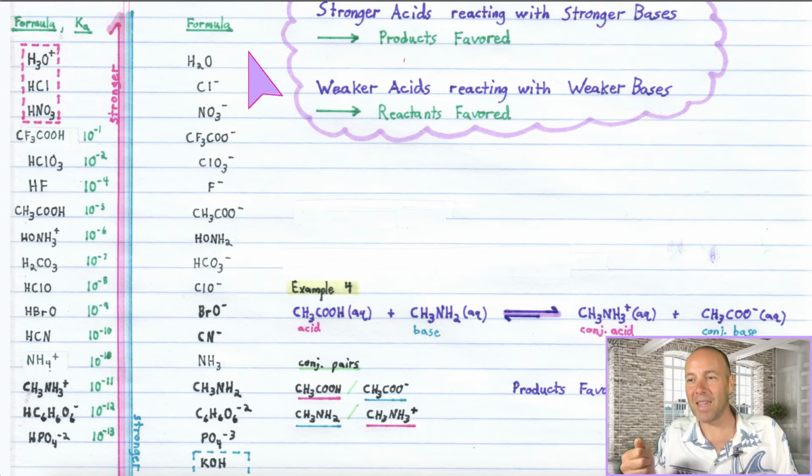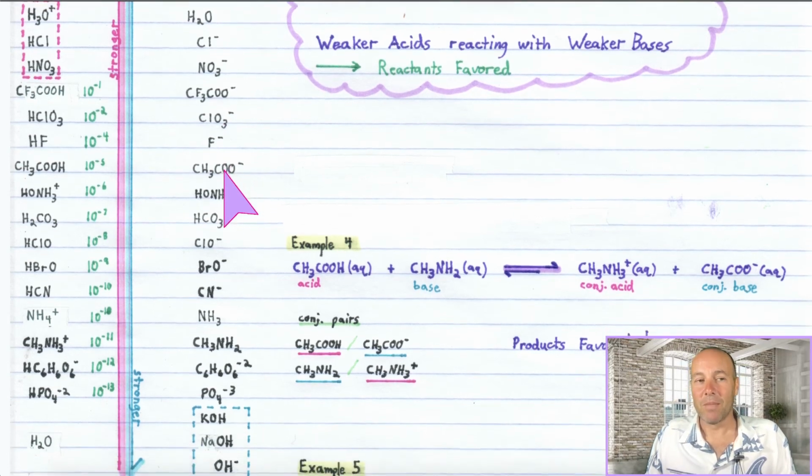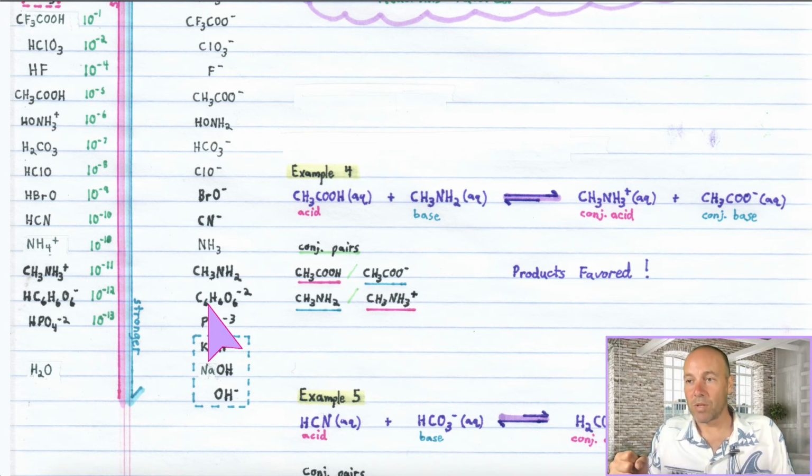They don't like to take any protons, and they don't want them back from their conjugate acids. But when you get to weaker and weaker acids, they don't really like to give up their protons, and their conjugate bases, on the other hand, want protons.